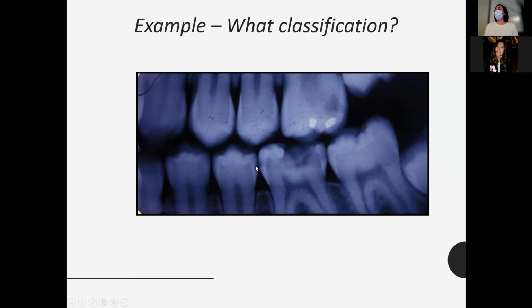And then here we have our incipient. Over here, do you see that little notch here? This would be a class 1. Actually, this one might be farther than that. This is hard to tell, but I think this one could be going into a class 2.